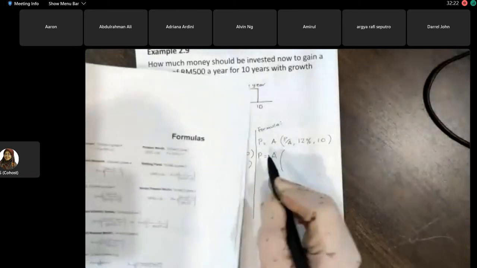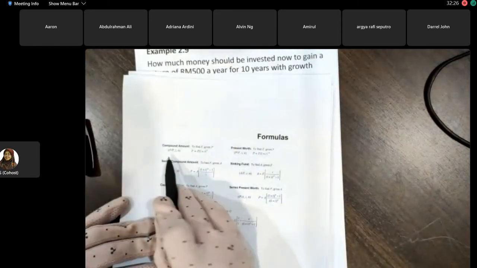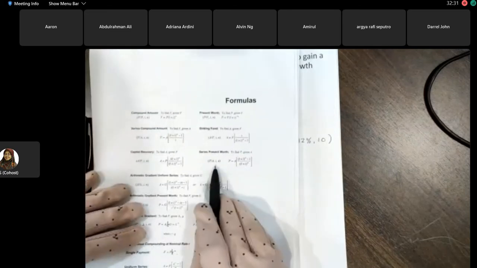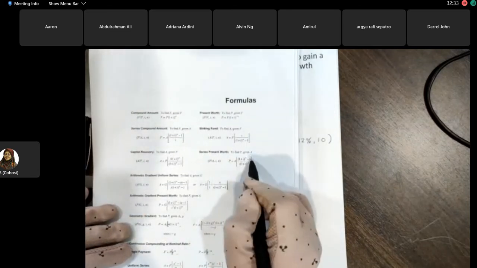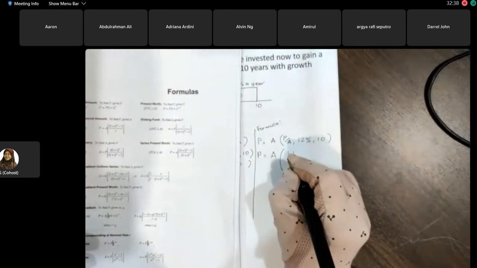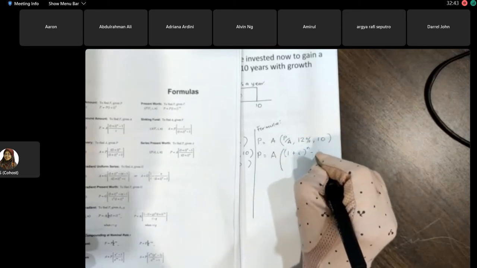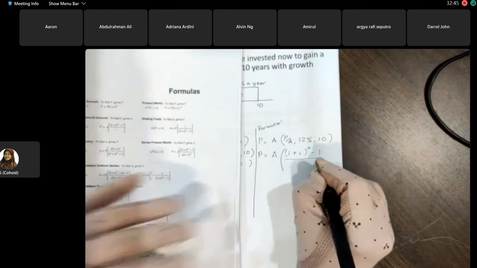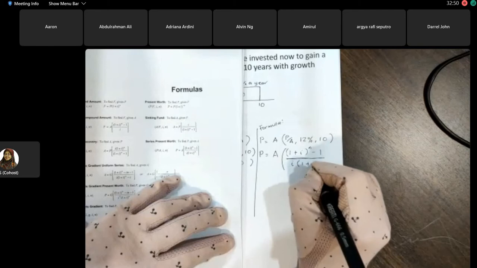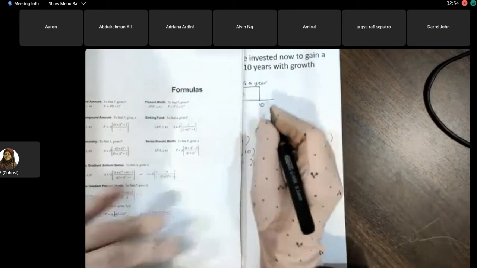Look at the formula, P over A. So here P over A, F over P, P over F, F over A, A over F, A over P, P over A. So this is the formula. You take the one inside the bracket. So (1 plus i) power of n minus 1, over i (1 plus i) power of n. Okay, so A is 500.